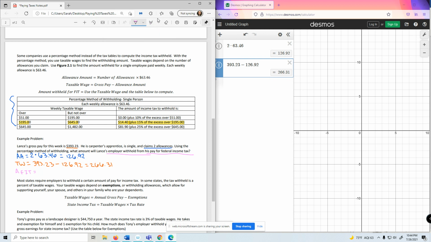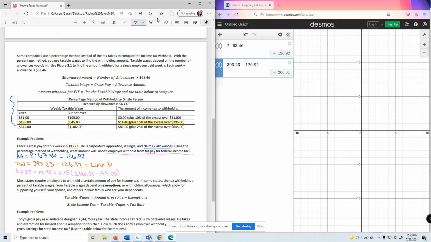So it's $1,440 plus, remember 15% as a decimal is 0.15, times the excess over $195. That means how much more is his taxable wage than $195? So we take his taxable wage, $266.31, minus that $195. This will let us find excess.